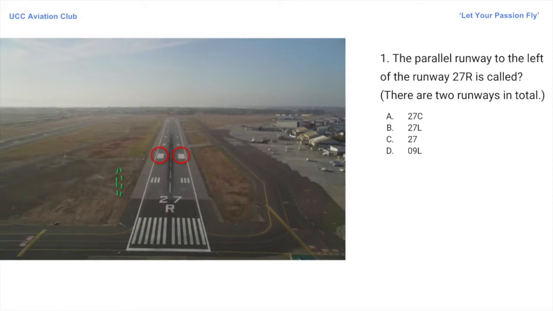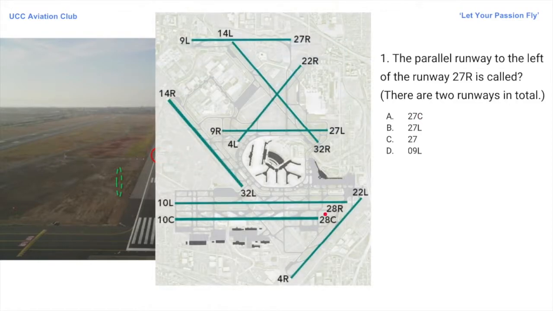Something to note is that left or right is really a direction; it depends on which direction you look at the runway, or more specifically, which side of the runway you're looking from. So let's look at this image. Here we can clearly see 27 left and 27 right.